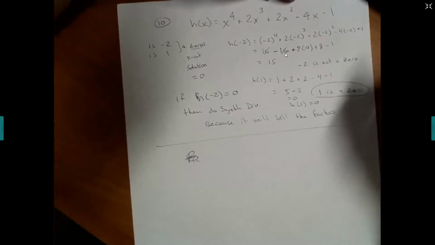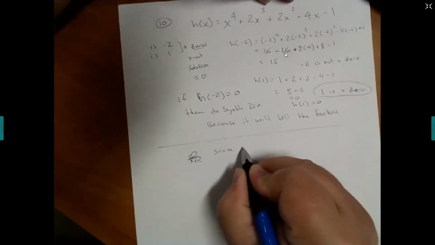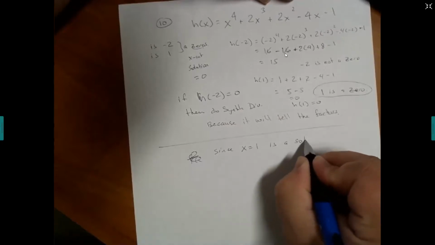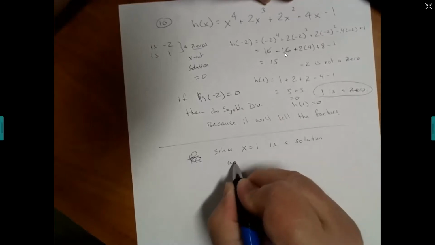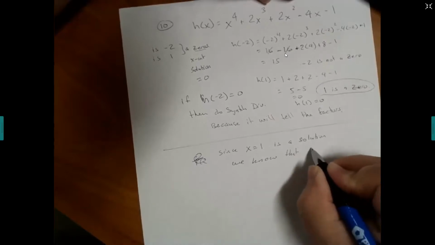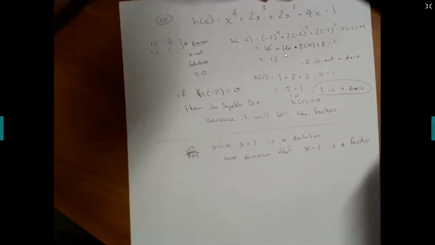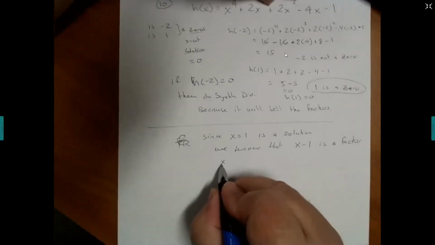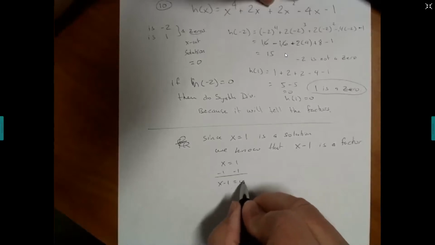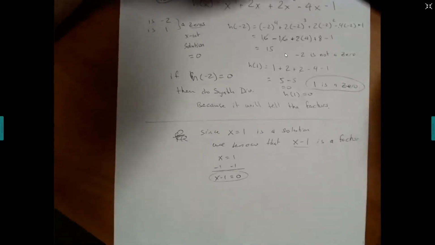Since x equals 1 is a solution, subtract 1 from both sides. It has to be set equal to 0, so we know x minus 1 is a factor.